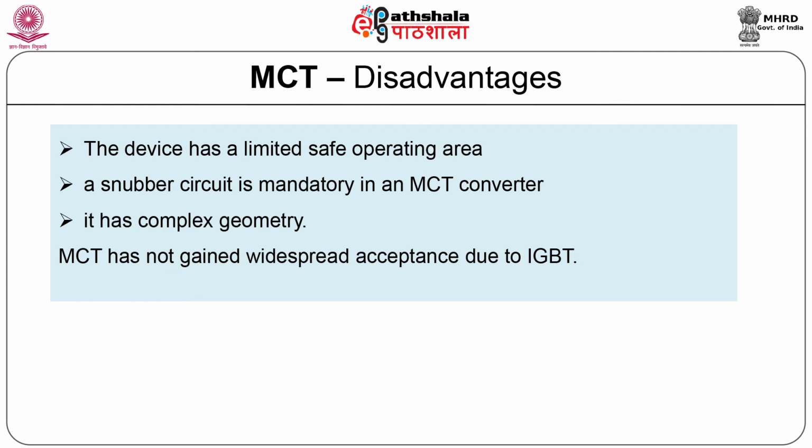A snubber circuit is mandatory in MCT converters, and most importantly, it has complex geometry. So fabrication is difficult. MCT has not gained widespread acceptance due to IGBT, hence these are not widely used.